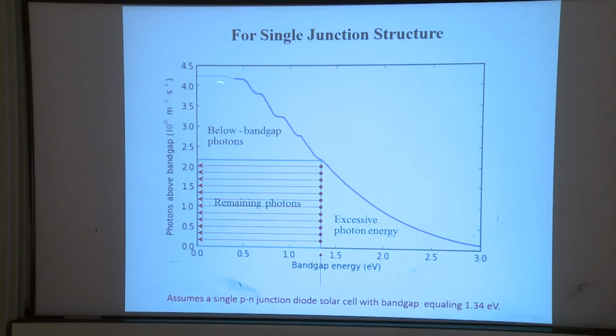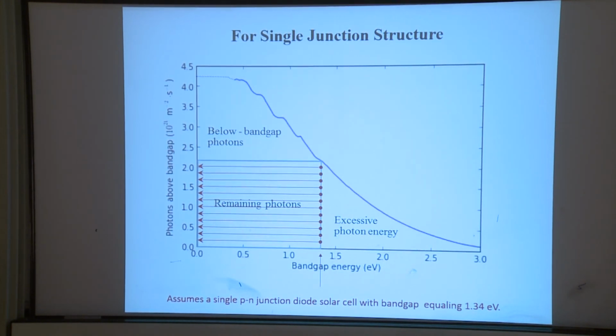Now, for this portion, we cannot use it because these photons have less energy than the band gap of the semiconductor that we chose for the solar cell. So these photons pass through the solar cell without being absorbed. So the energy in this area cannot be used by the solar cell either.